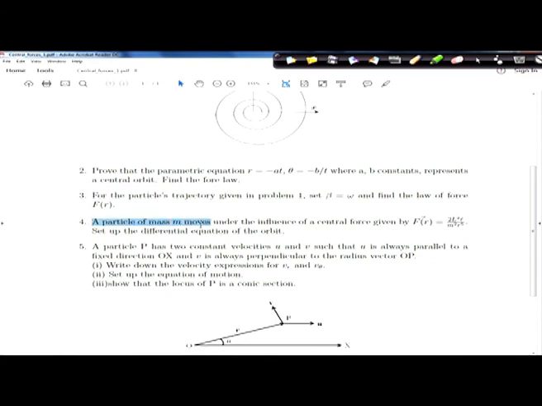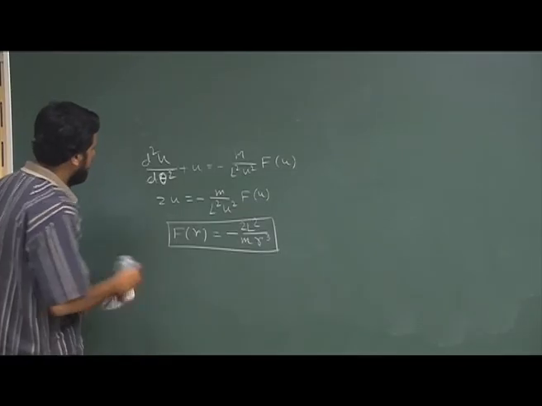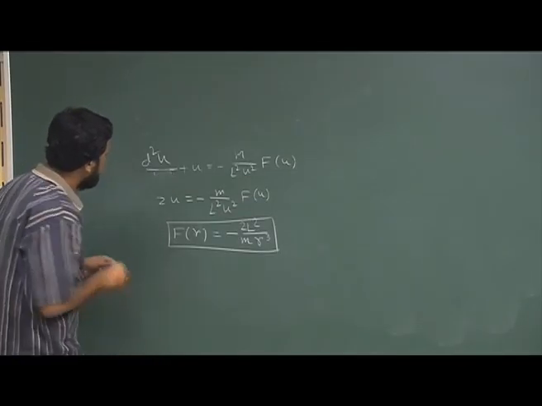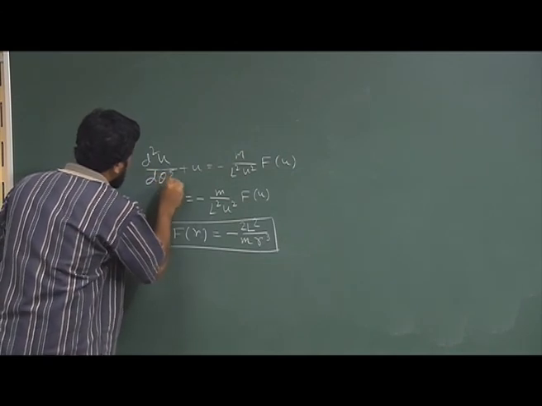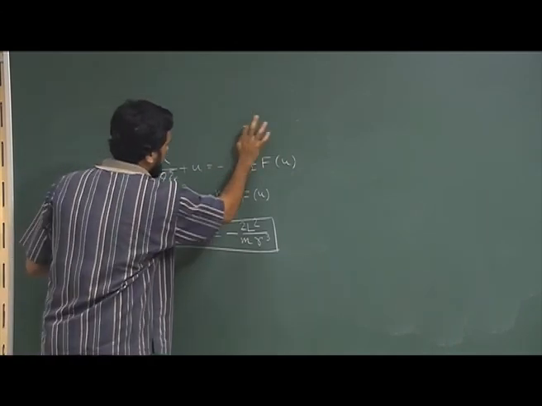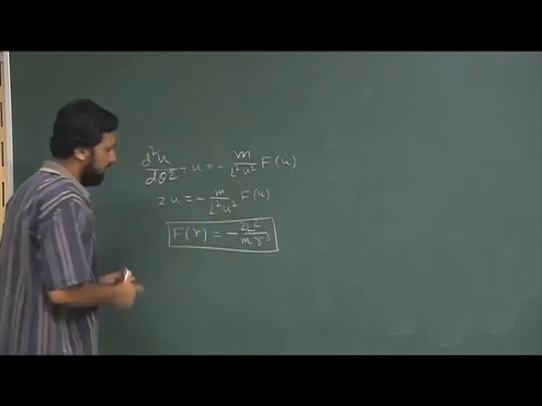The fourth problem is a particle of mass m moves under the influence of a central force given by this. This is a repulsive central force because there is no negative sign and we have r to the power 5 dependence. We have to set up the differential equation of this particular orbit, and the differential equation is the same, d2u d theta 2 plus u equal to minus m by L square u square f of u.